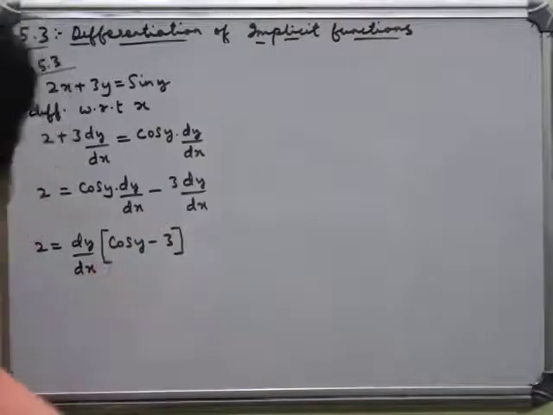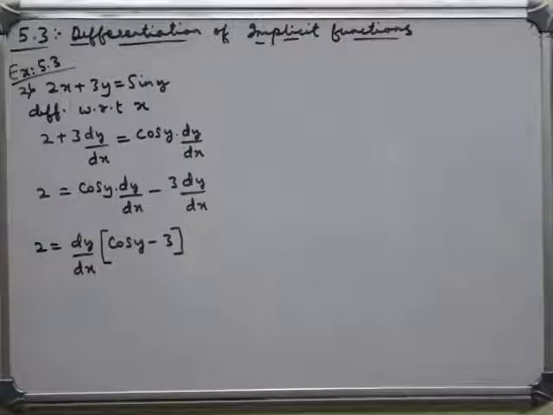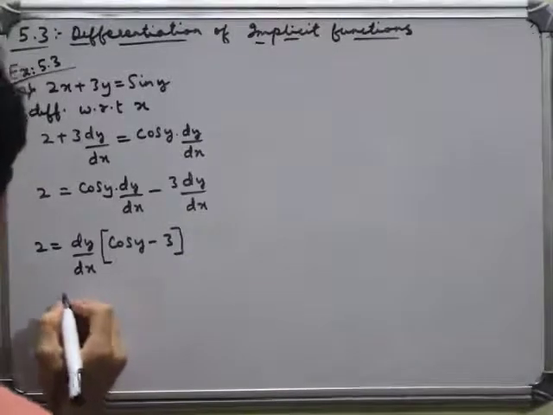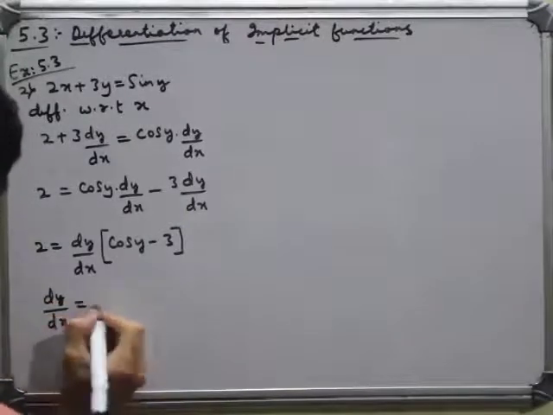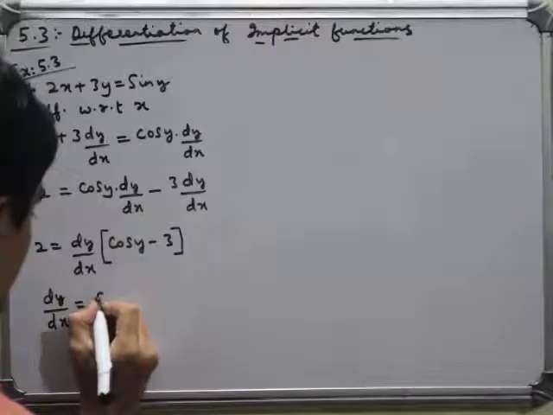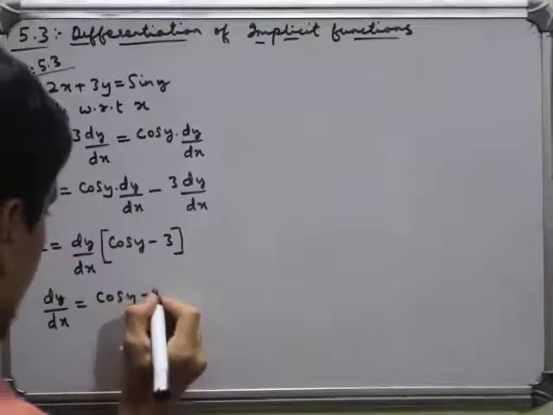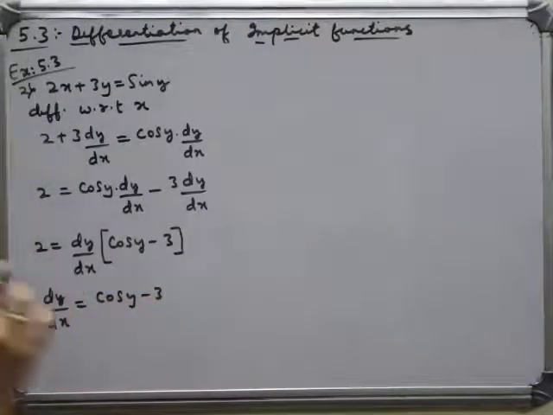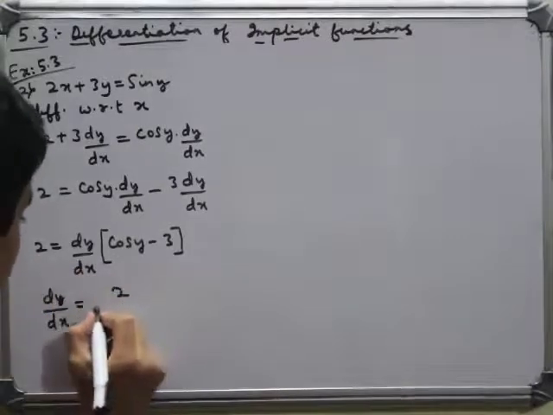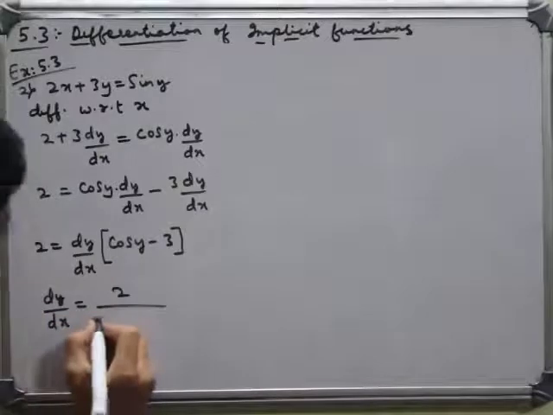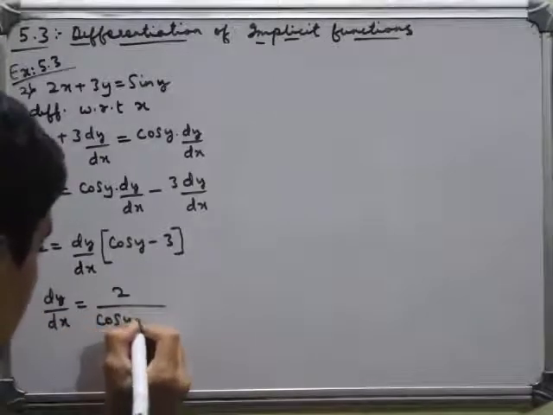Okay. Next step, we have to find dy by dx. Dy by dx is equal to, oh, I'm sorry, this is not the case. 2 divided by, send this to the denominator, cos y minus 3.